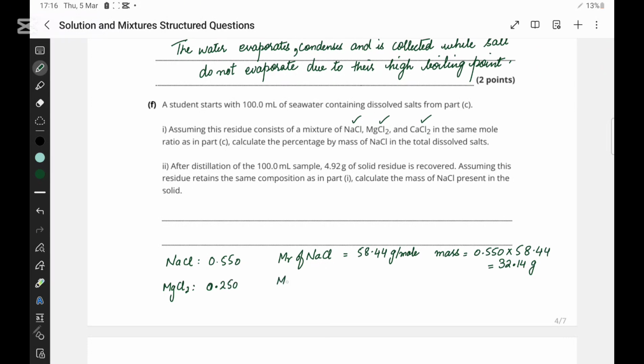For MgCl2, that is going to be 0.250, and Mr of MgCl2 is going to be 95.21 gram per mole, and mass is equal to 0.250 times 95.21, and that is going to be 23.80 gram.